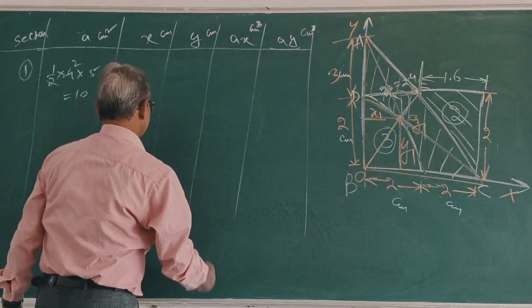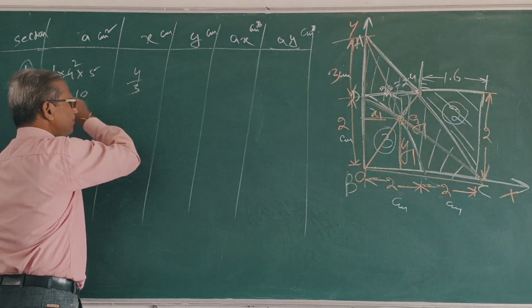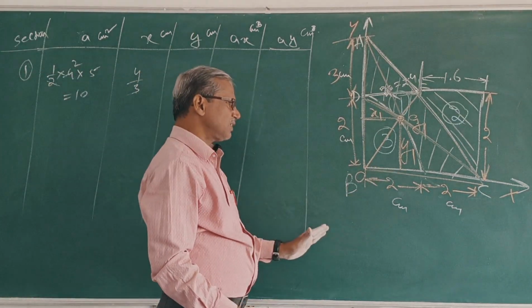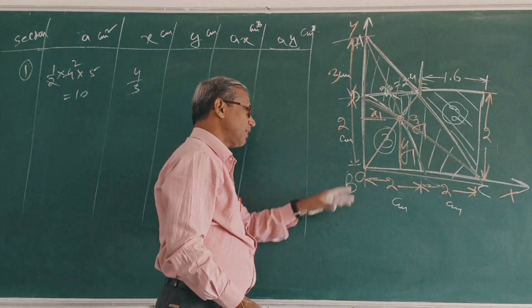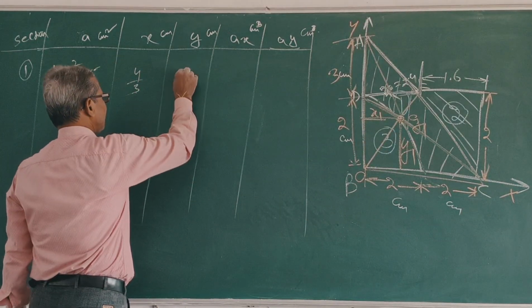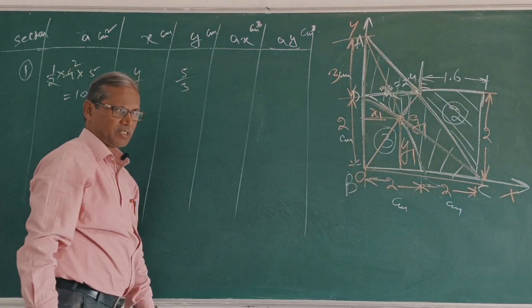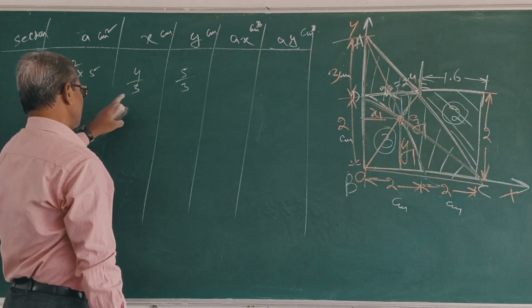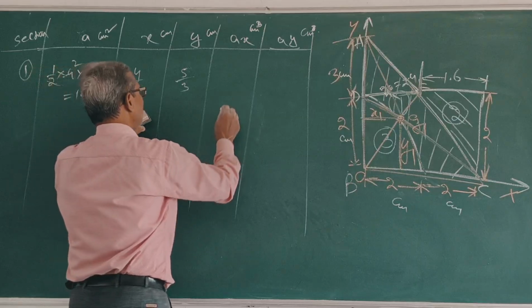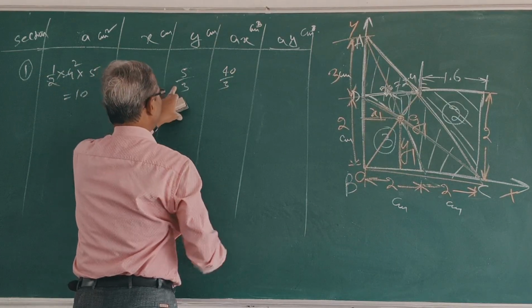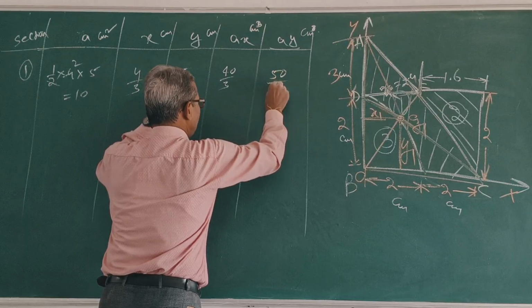What is x1? 4 by 3. What is y1? This is base, this is height. What is y1? 5 by 3. Clear? This is important question for board examination. X. What is x? 40 by 3. What is ay? 50 by 3.